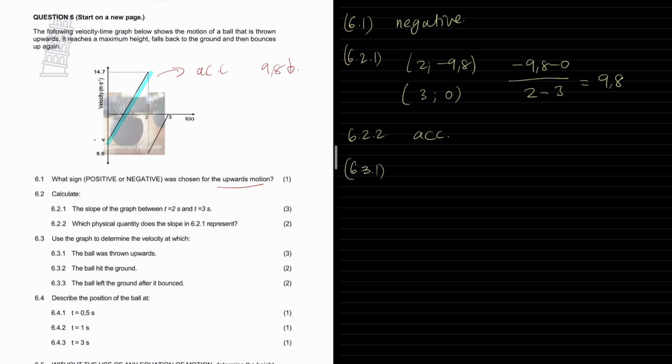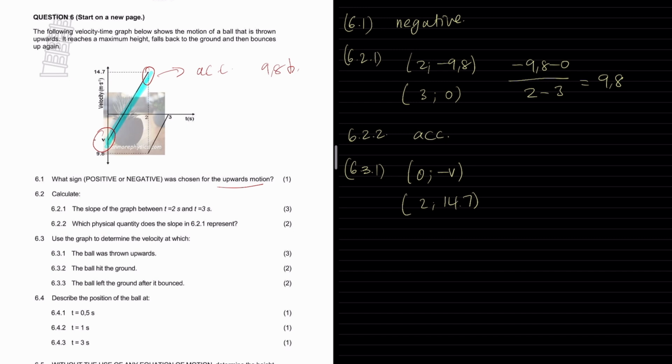6.3.1, use the graph to determine the velocity at which the ball was thrown upward. So again, I'm going to use this blue line. I know the gradient of the line should be 9.8, and so I'm going to use coordinates and just use the gradient to work it out. If I write down the coordinate for this point, that's going to be 0 and minus v. For this point, it's going to be 2 and 14.7.